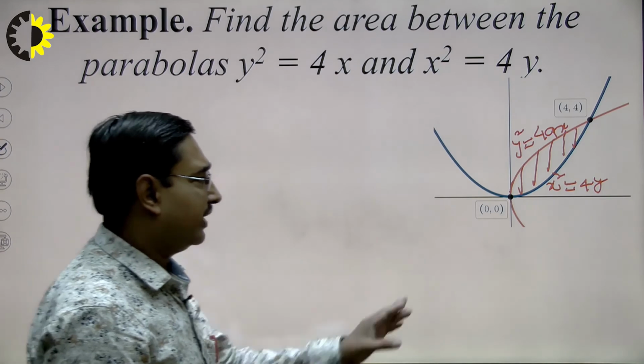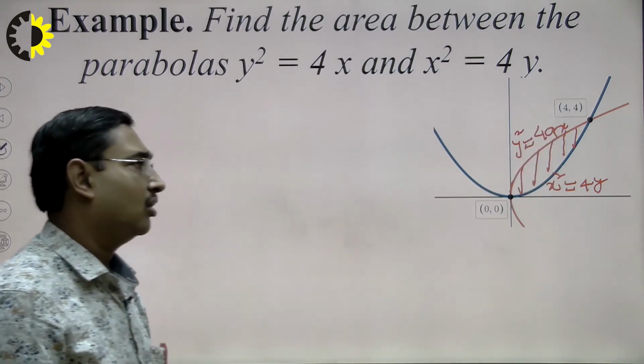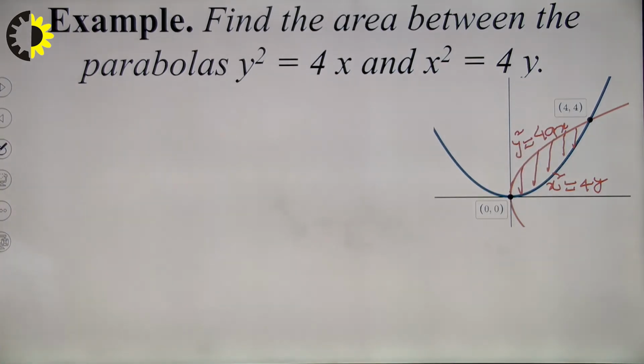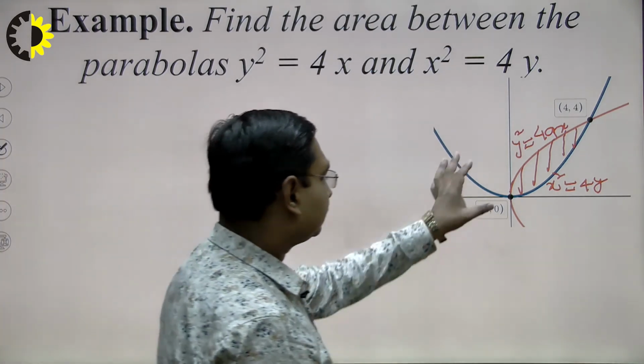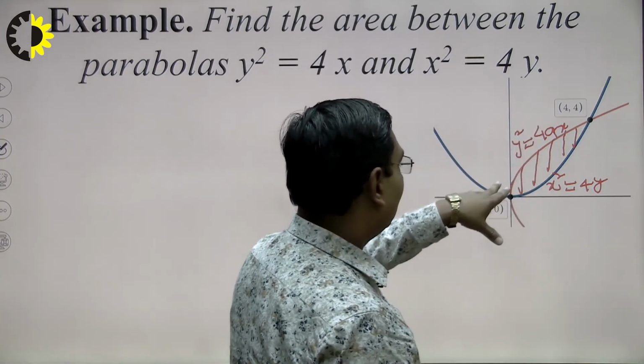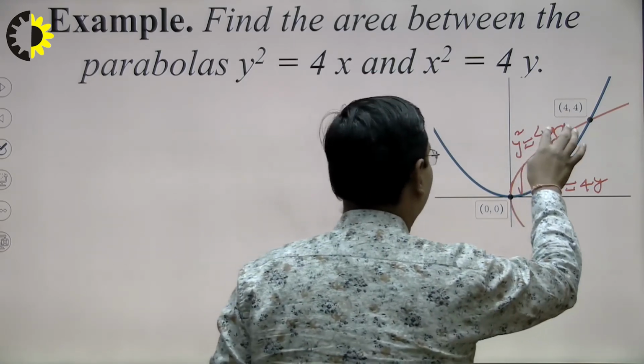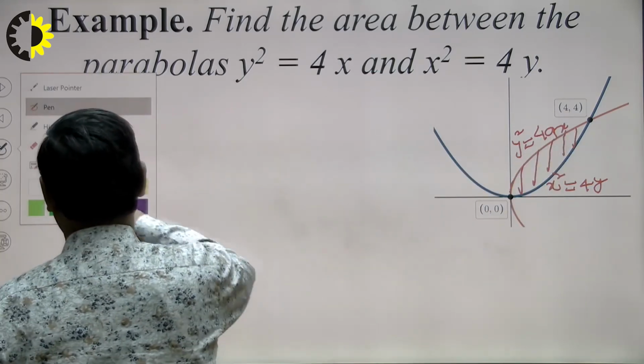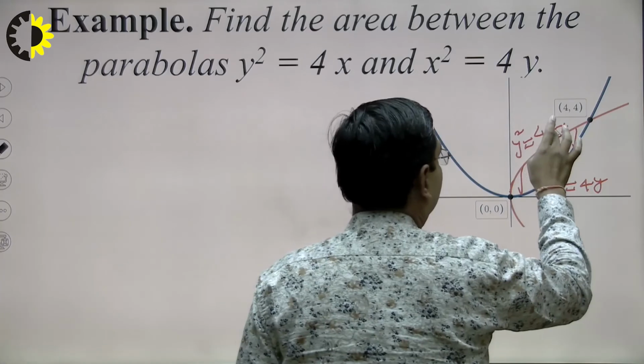We shall first find the extreme points of the region, so that limits can be calculated easily. For this, we observe this is not 4ax, this is simply 4x. This is 4x.